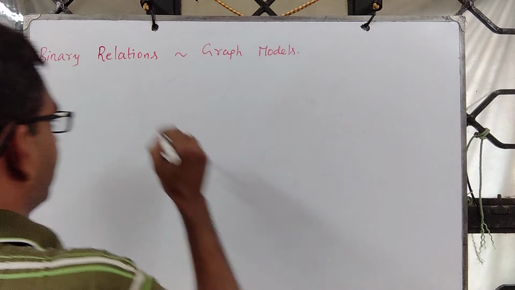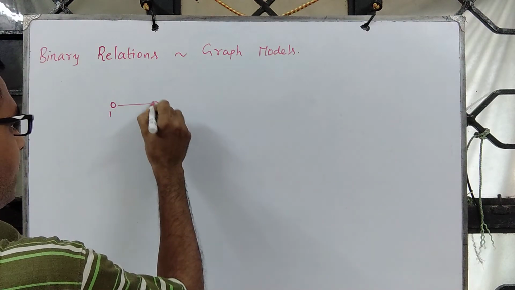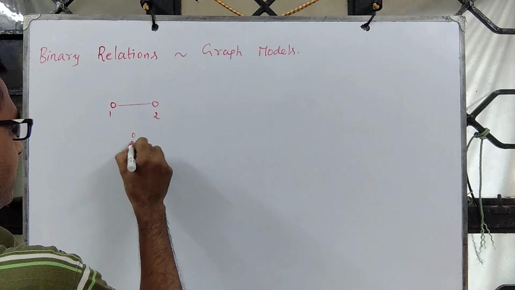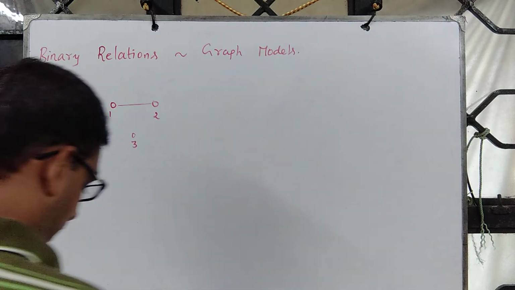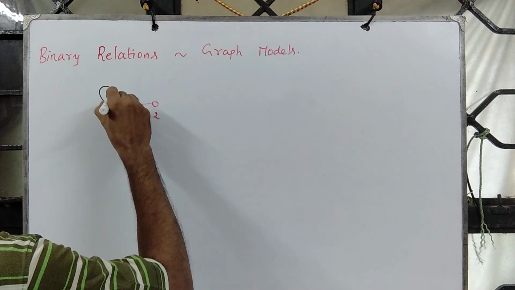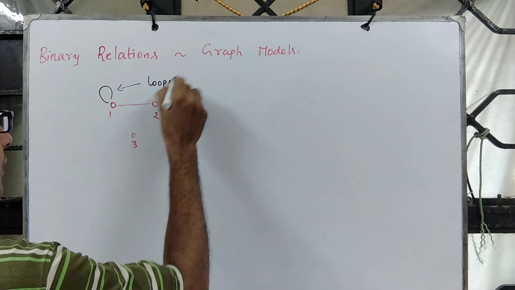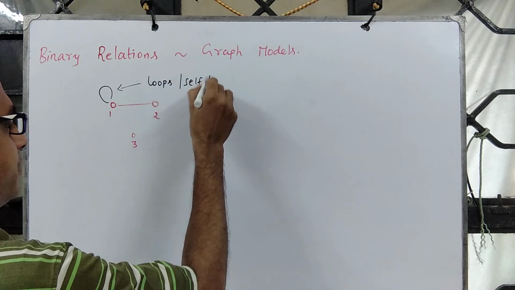So when we draw graphs, say on 3 vertices, we may get loops like this. These things are called loops or self loops.